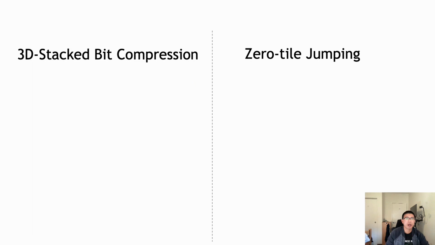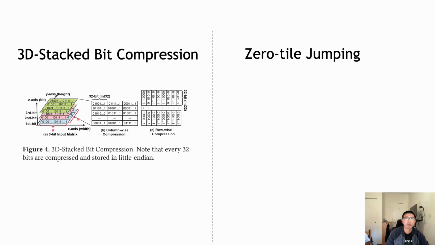To facilitate our efficient implementation on GPU with Tensor Core support, we carry out several kernel-level optimizations. The first one is called the 3D stacked bit compression. This is to help our design achieve efficient memory storage. Specifically, it will pack the bit data into an int32 based on its bit position.